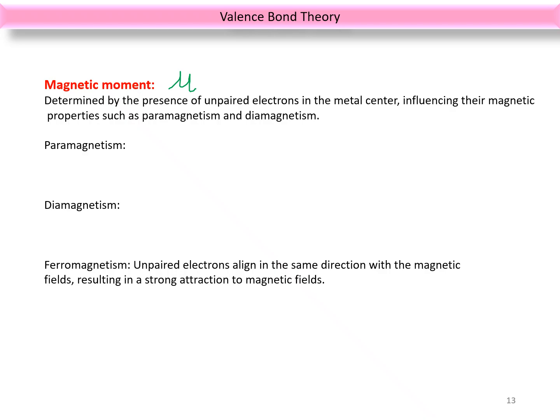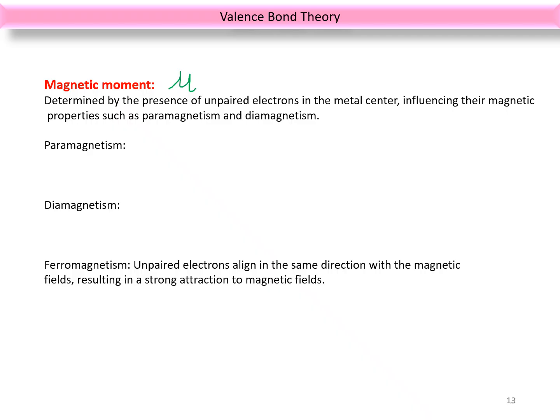Ferromagnetism is also about having unpaired electrons aligned in the same direction with the magnetic fields. But usually we see ferromagnetic properties not in coordination compounds but in alloys and pure metals. Coordination compounds usually show paramagnetism.